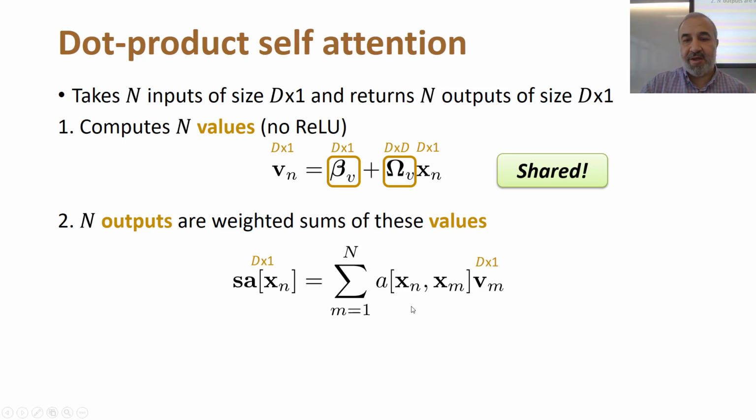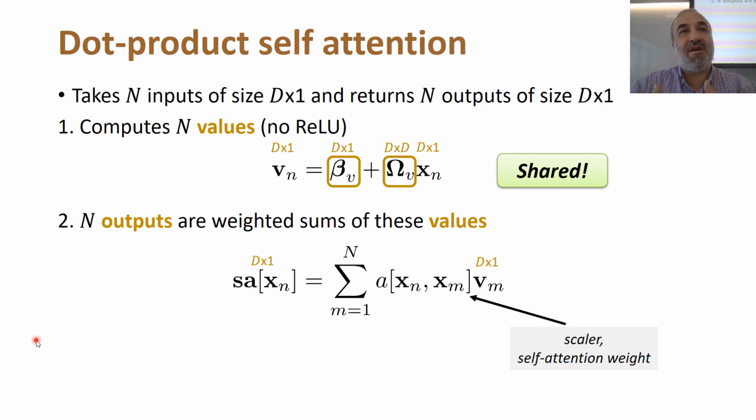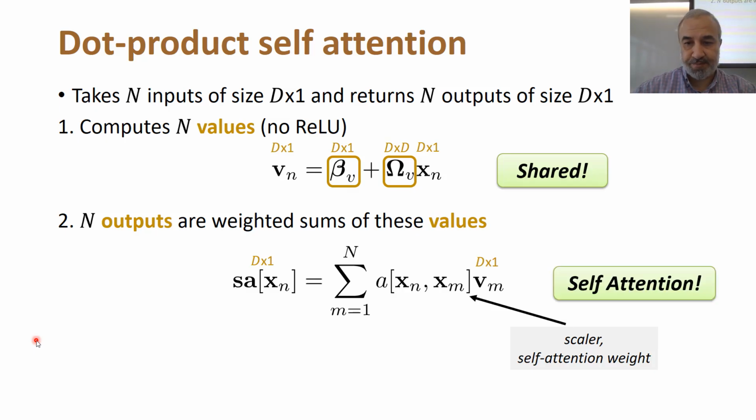Okay, so A here is the self-attention weights. We mentioned that the self-attention weights are scalars, so they are just numbers. We also mentioned that they are positive and they sum to 1 for each input vector.